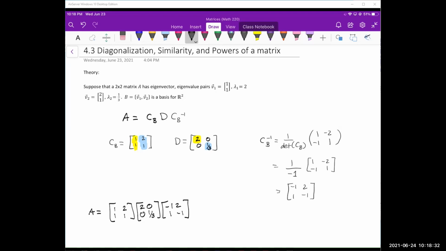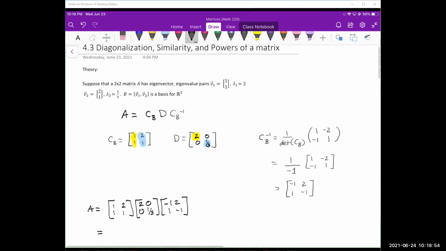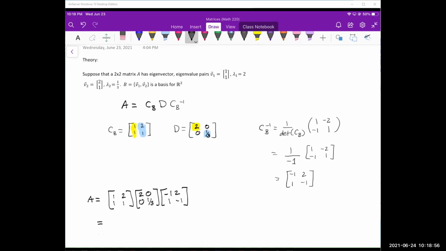Matrix multiplication is not commutative, but it is associative. So we can either multiply these two together first, or we can multiply these two matrices together first. I like to start on the left. And so we're going to be writing down this matrix described by these eigenvector eigenvalue pairs.